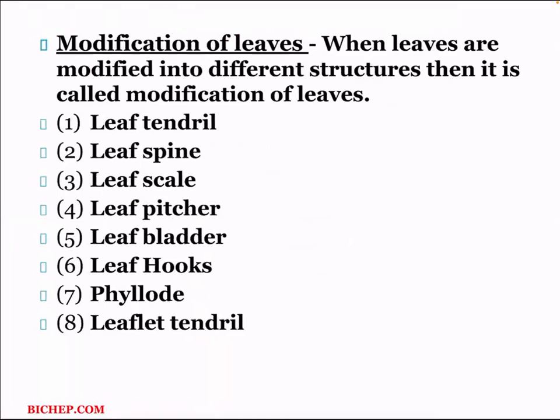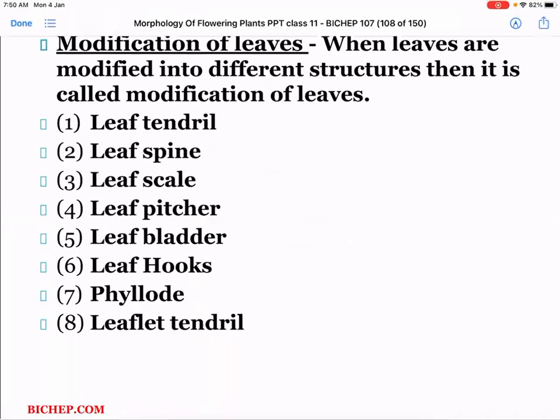Now comes the latter part, that is modification of leaf. When leaves are modified for a special kind of physiological function into different structures, which are found in a particular type of plant only, not in all plants commonly, it is called a modified structure.